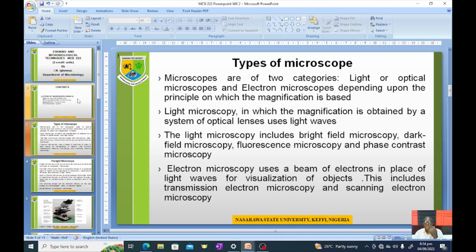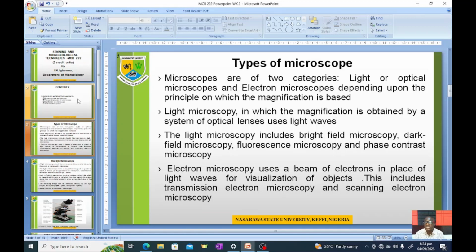Now, types of microscope. Microscopes are of two categories: either light, otherwise optical, and electron microscope, depending upon the principle on which the magnification is based.